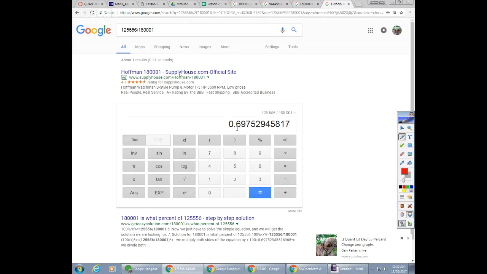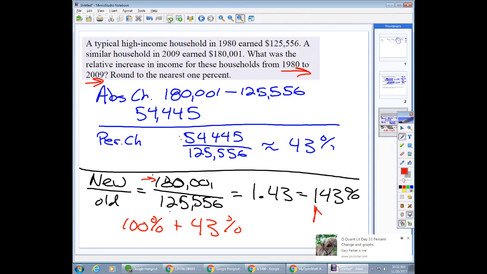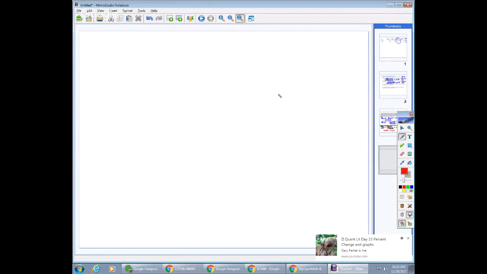So when we look at that absolute change, a new page here. So let's see, we started in 1980 with an amount of 125,556. Would those numbers be that far off?